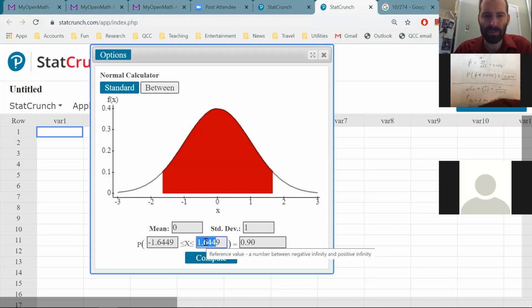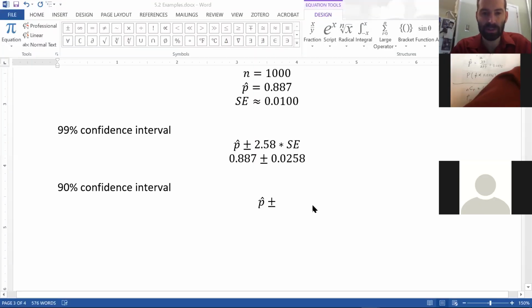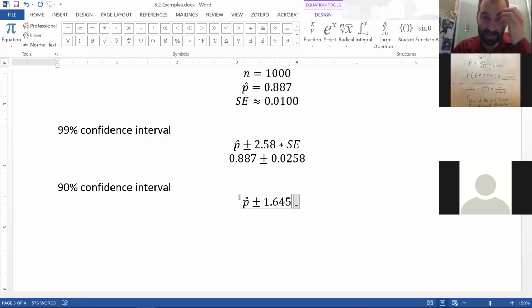Let's do that because that's what I'm used to seeing. So let's go ahead and use that one: 1.645 times the standard error, which is the 0.01, right?